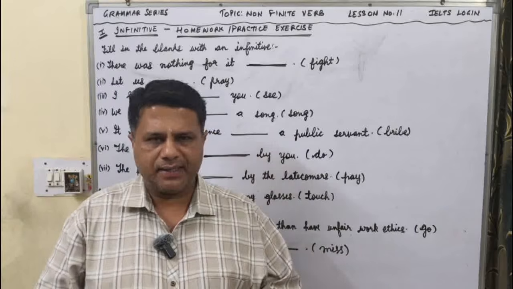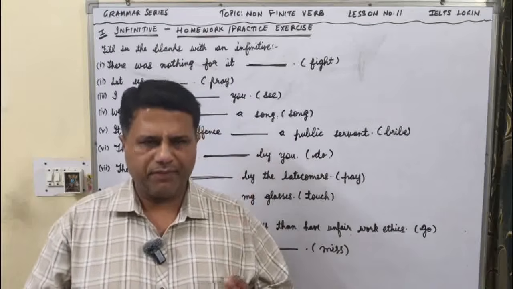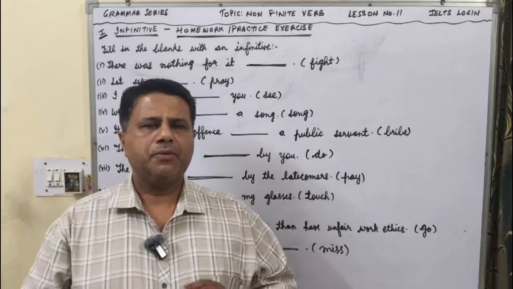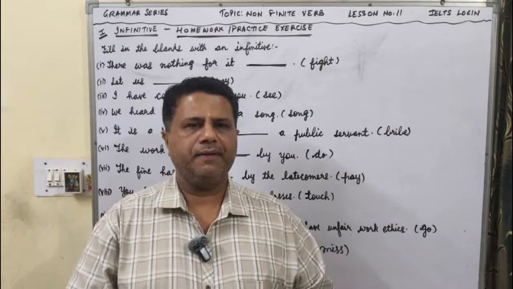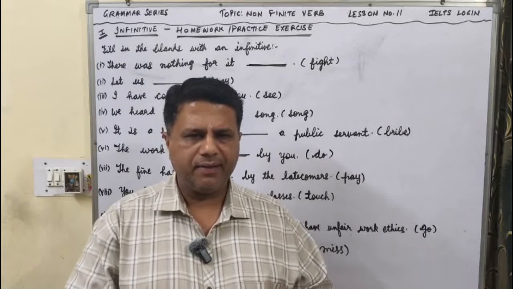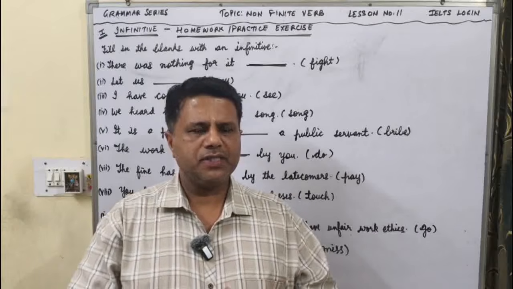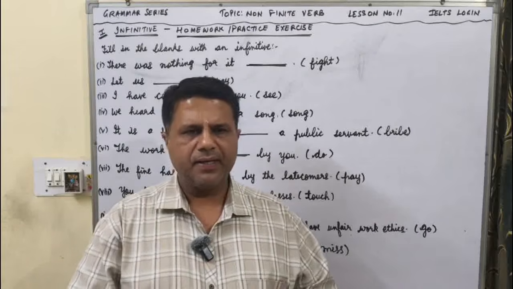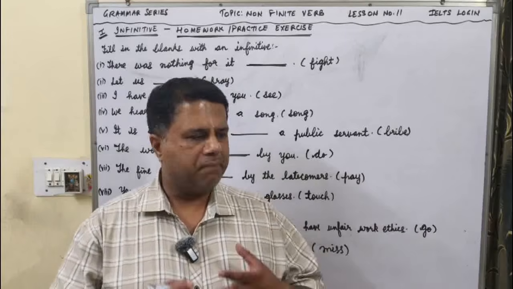Three possibilities are there. First possibility is that we can fill in the blank with to infinitive active form, to infinitive passive form, and third one is bare infinitive. Please learn the rules of to infinitive, active and passive voice, and the uses of bare infinitive properly, so that you don't have any difficulty in filling the blanks.